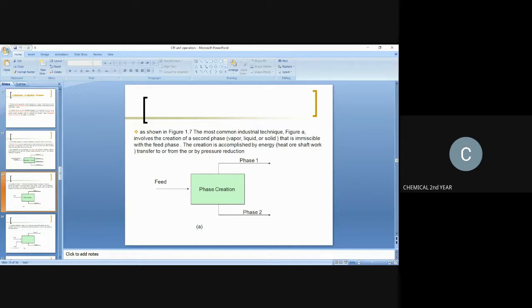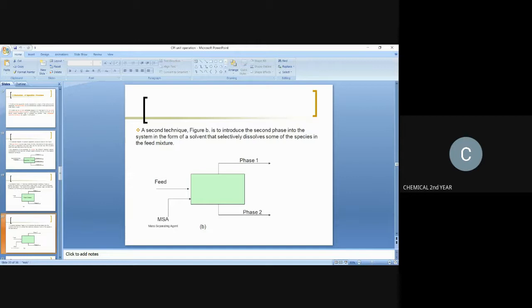The creation is accomplished by energy, heat, or shaft work transfer to or from the process, or by pressure reduction. Here, the feed is sent to the phase creation stage and it will be converted into phase 1 and phase 2.